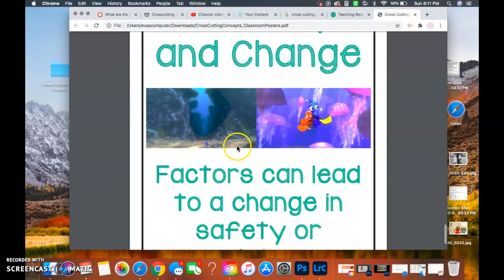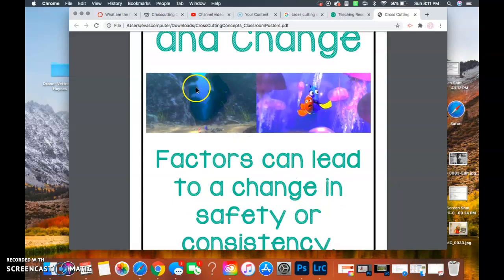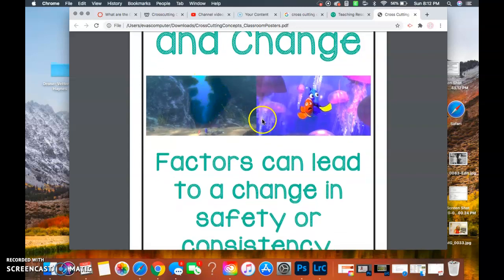Stability and change: factors can lead to a change in safety or consistency. Look at this. You can see that as they are moving through those rocks, the environment's going to change. There's jellyfish that could potentially be deadly for them. An earthquake is one thing that we're going to talk about.